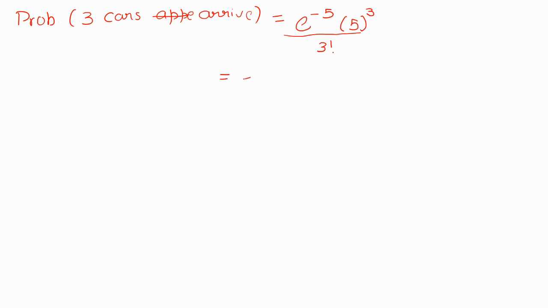So it will be e raised to minus 5 into 5 cube upon 3 factorial, which comes out to be 6, or rather I would write it as 3 into 2 into 1.